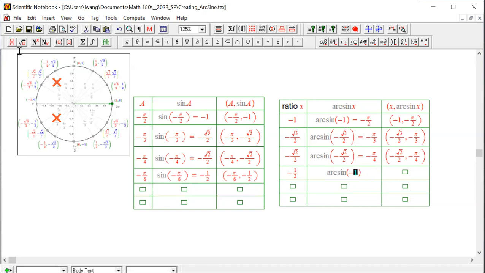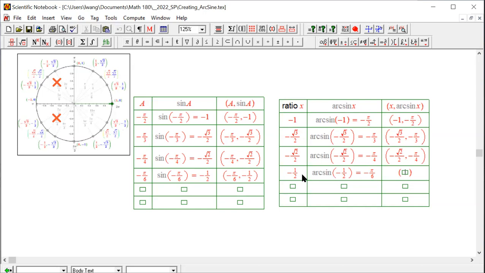Negative half is going to produce the output negative pi/6. And there are lots of numbers in between. We're going to talk about using calculators to get them.